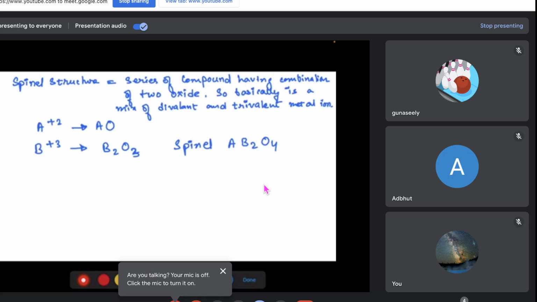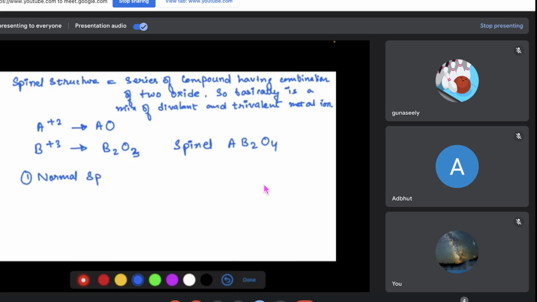Now there exist two types of spinel. One is the normal spinel and the other one is the inverse spinel.